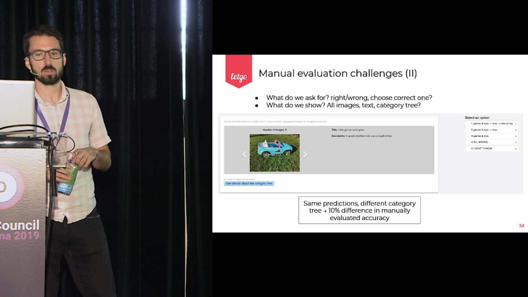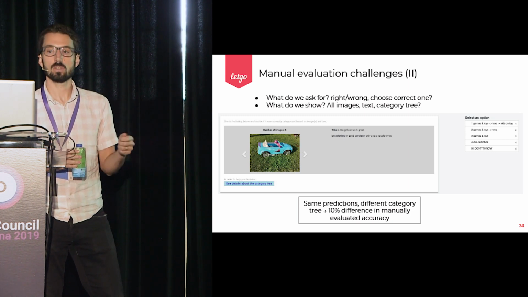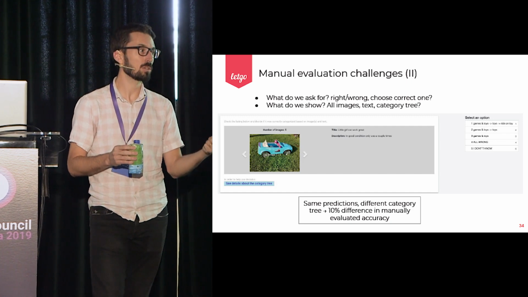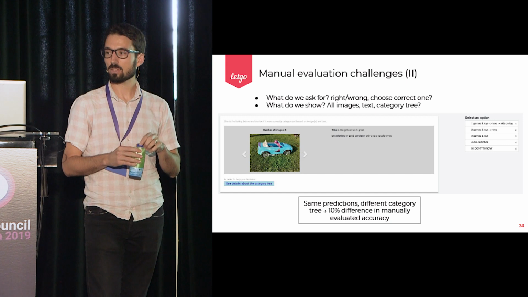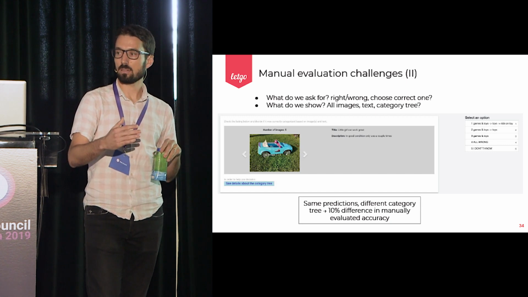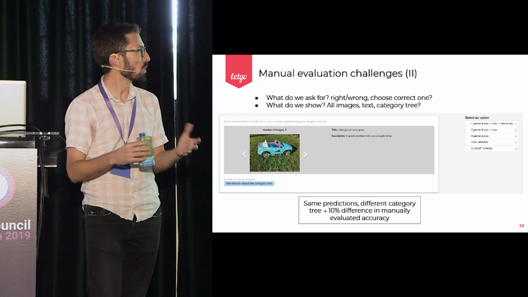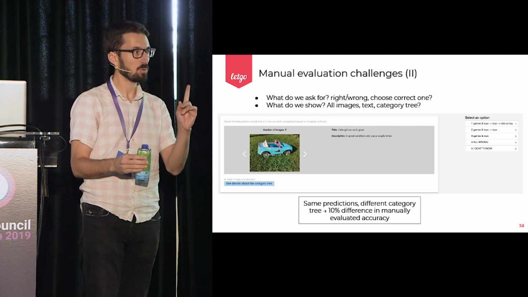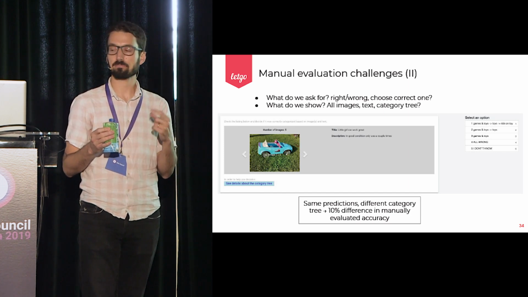The first one is, what do we exactly ask for the evaluator? Do we ask him or her to tell us, is our prediction right or wrong? Or do we ask the person to tell us which one is the correct one? Do we show all the images in the listing? Or do we just show the image that most buyers on the site will see, which is the first one?